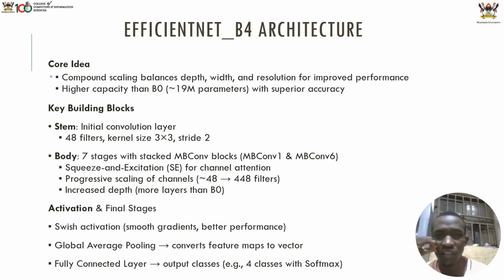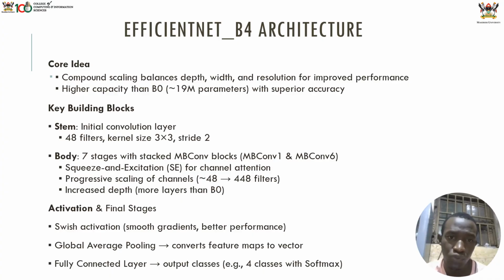The stem is the first layer that extracts the basic features like edges and textures, using standard convolution. We have the body. The body is made up of the MBConv blocks, which are efficient convolution units originally from MobileNet.